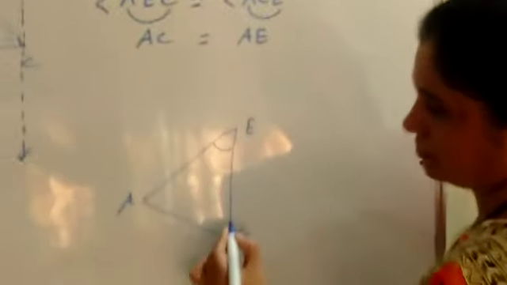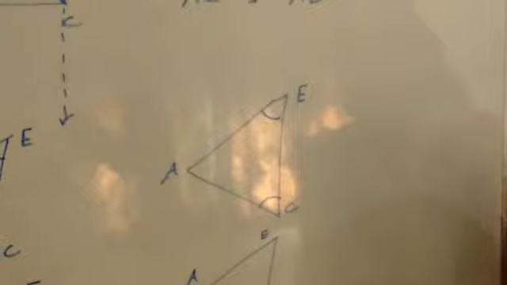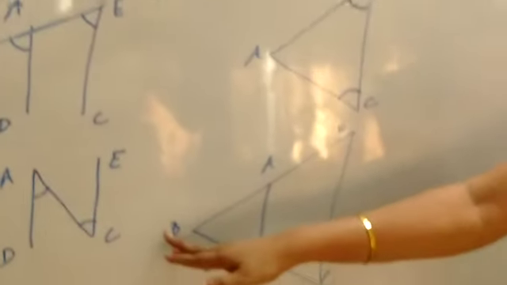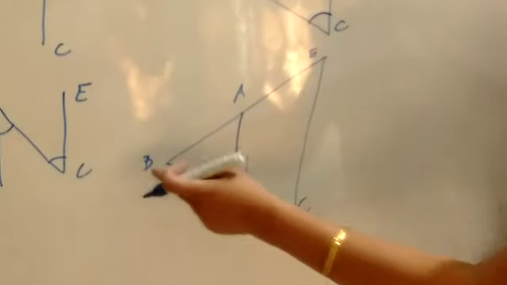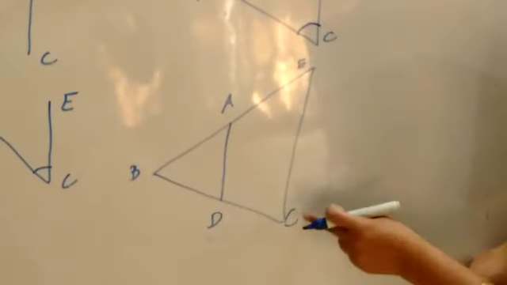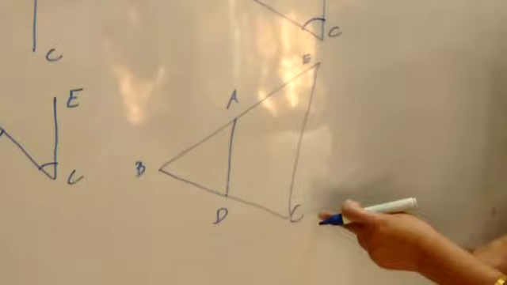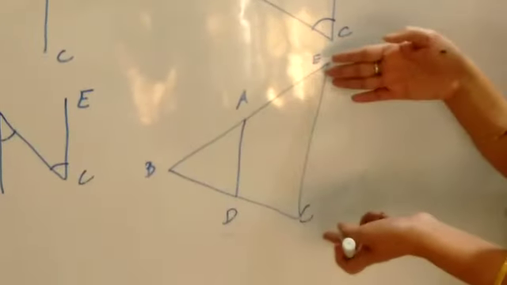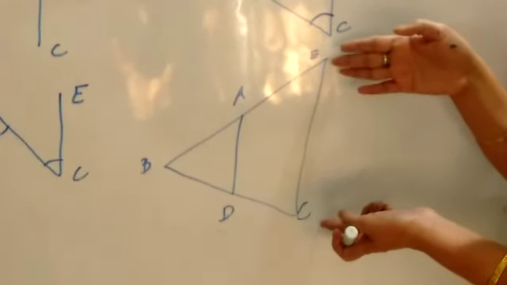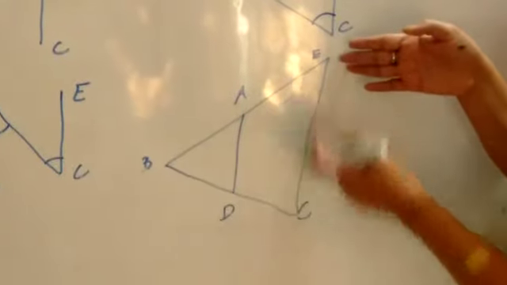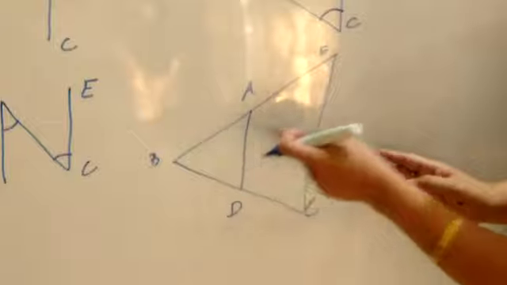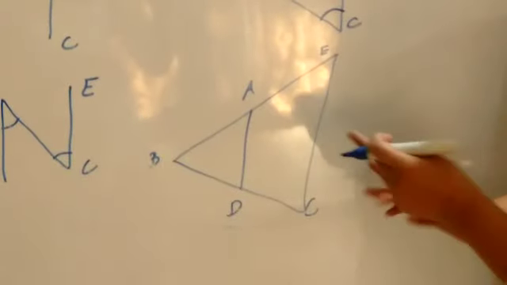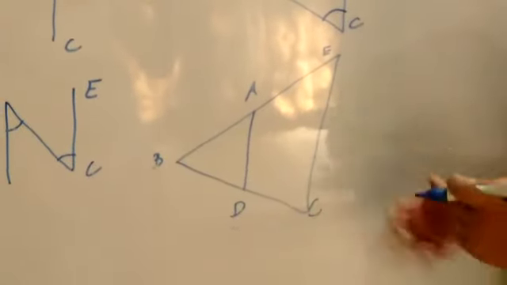Now AE equals AC. Now see this figure, triangle BEC. In this BEC, AD is parallel to EC. Now, in a triangle, one line segment is parallel to the third side. So, we will use BPT here.